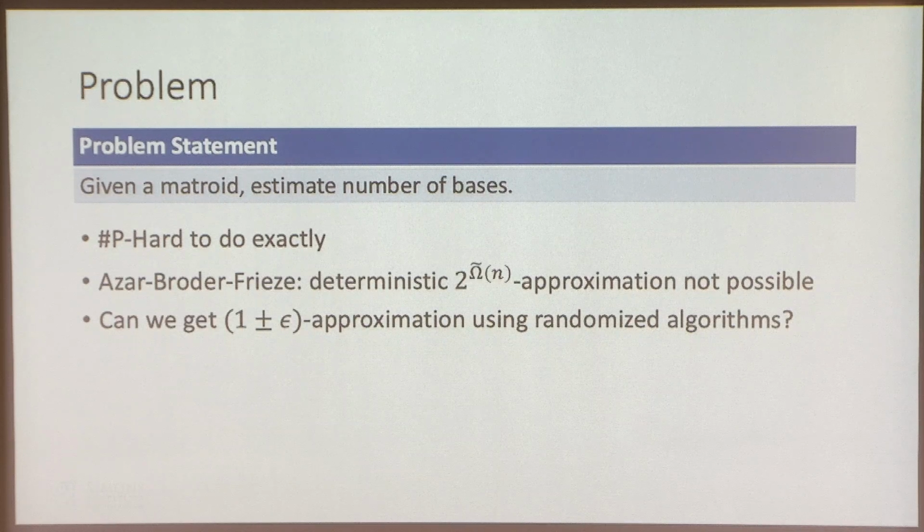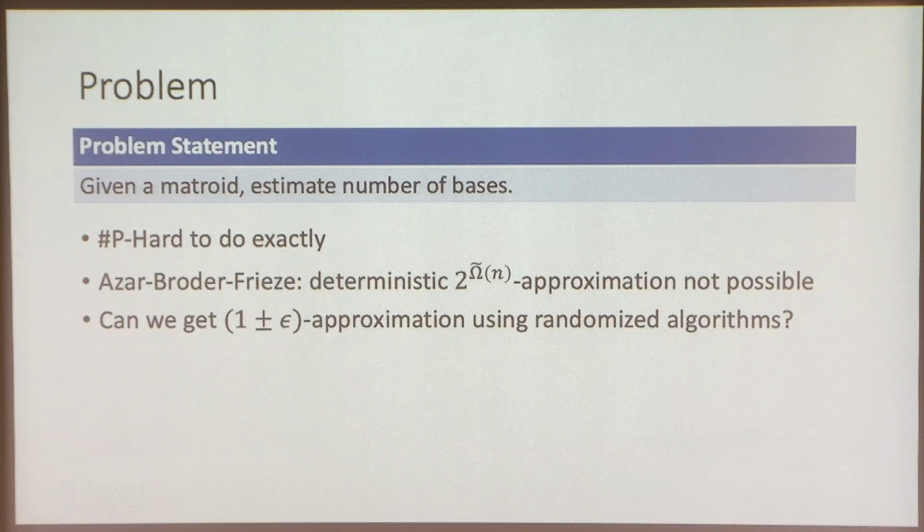It's known to be sharply hard to do exactly, and it's even known that with efficient deterministic algorithms, you cannot obtain some exponential approximation factor. So the question we're resolving is, can you get 1 plus epsilon efficiently using randomized algorithms?